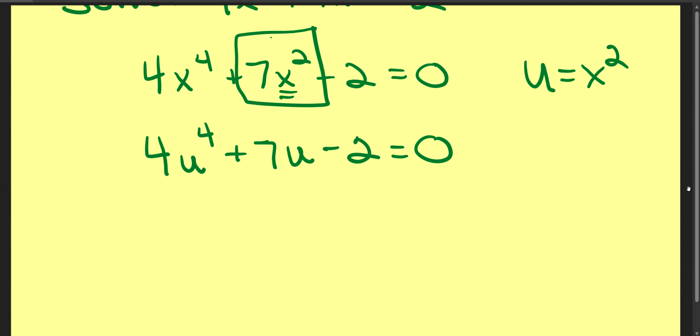Here I've got to use the grouping method. 4 times negative 2 is negative 8. Two factors of negative 8 that give me 7 would be 8 times negative 1. Okay, if that's 8 times negative 1, I'm going to rewrite it.